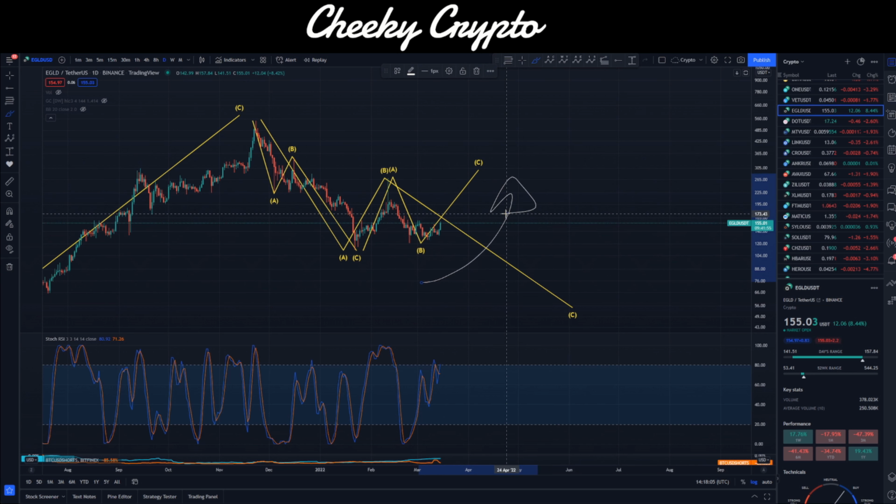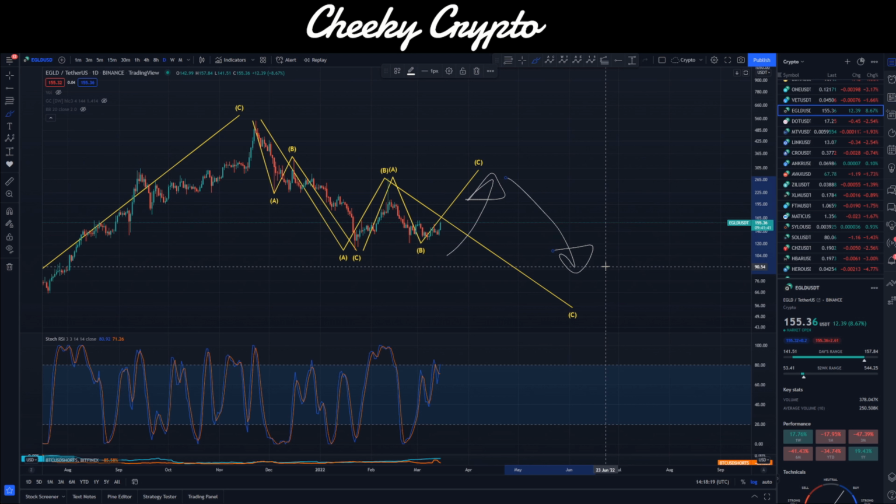There's no need necessarily to go up to $298. With that being said, however, this stochastic RSI is not overbought yet, and it is possible that we push to 298 before we even come down to the low point of about $55 or so. Okay, so both scenarios might actually play out here.